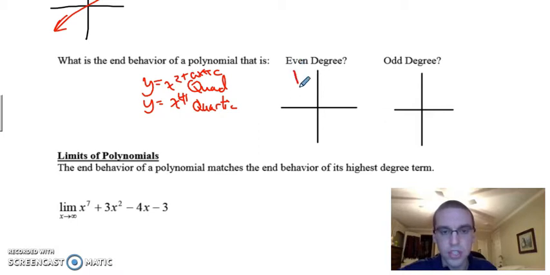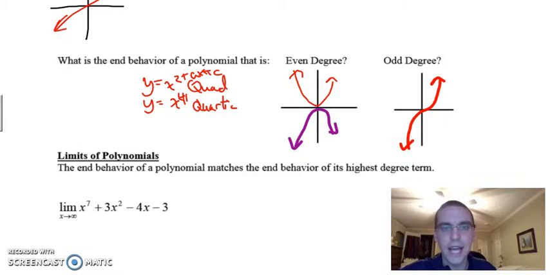We know what those look like. We know those look something like this, or something like this. Now, could there be more maximums and minimums inside if it's a quartic or 6th degree? Sure, but we're looking at solely the end behavior. It can look either like that. An odd degree function is going to look something like this.